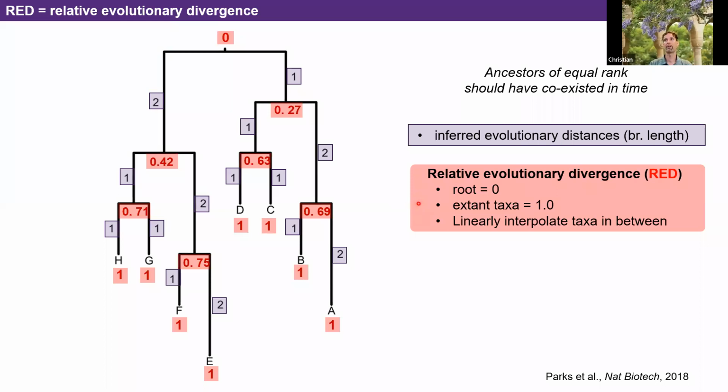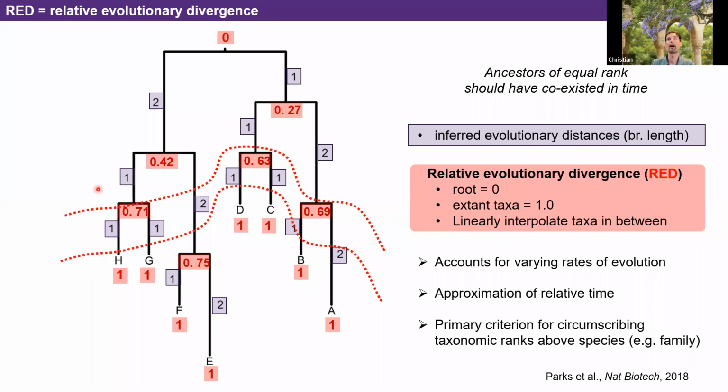And that is what we call the relative evolutionary divergence. The acronym is RED. The root gets a RED value of 0, and all extant taxa on the tips get a RED value of 1. And for those internal nodes in between, we linearly interpolate the RED value.